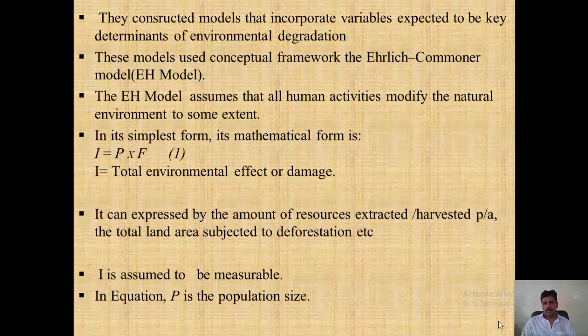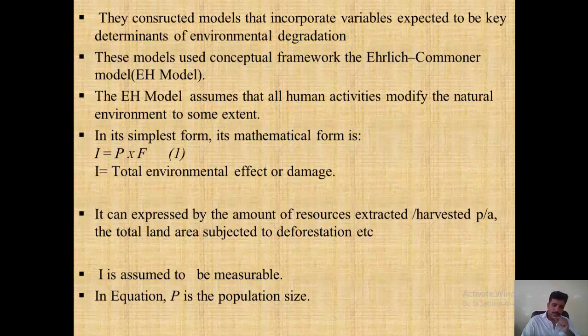The EH model assumes that all human activities modify the natural environment to some extent. In its simplest form, the model can be written mathematically as I = P × F, where I is the environmental effect or damage, which can be measured by the amount of resources extracted or harvested per annum, or the total land area subjected to deforestation.